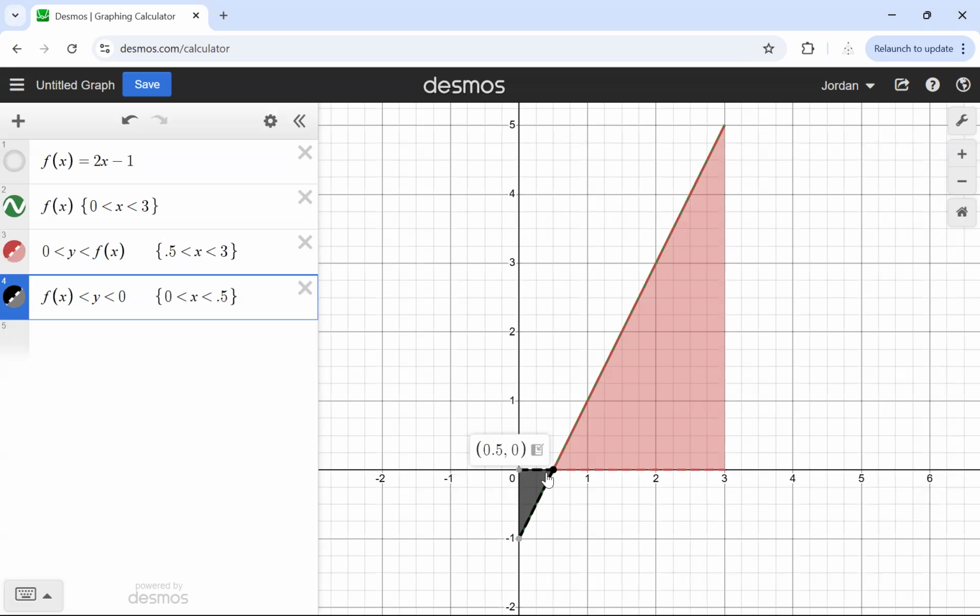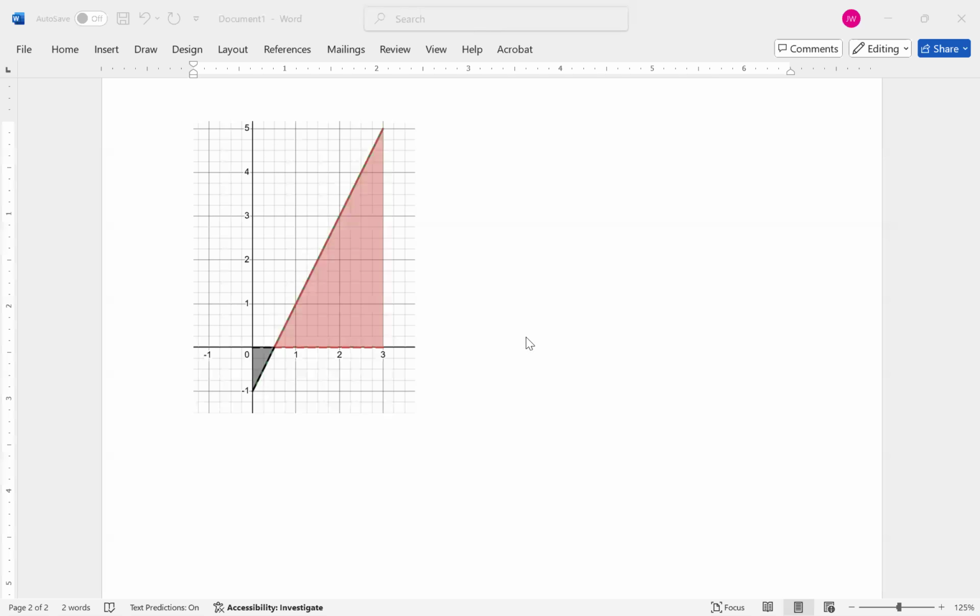It goes from 0 to 0.5. The triangle that's above the x-axis goes from 0.5 to 3, so it has base of 2.5, and its height goes from 0 up to 5. So it has height of 5. So that's all we need to do to calculate the signed area.